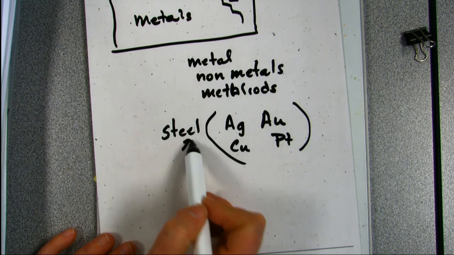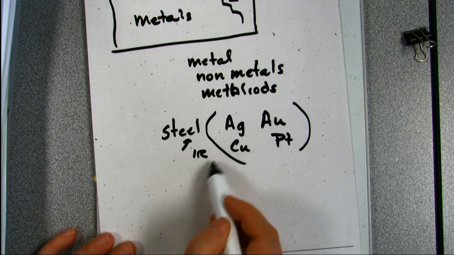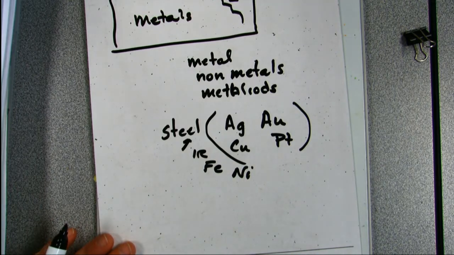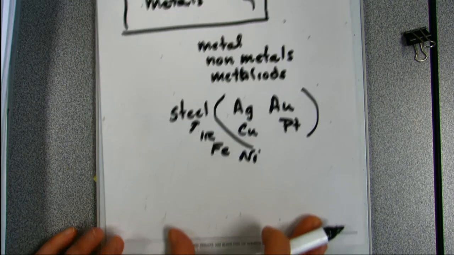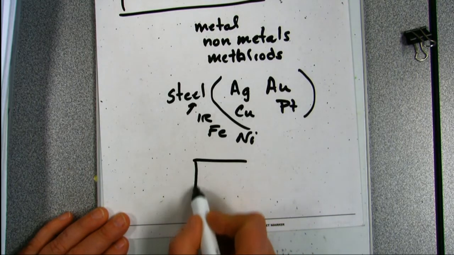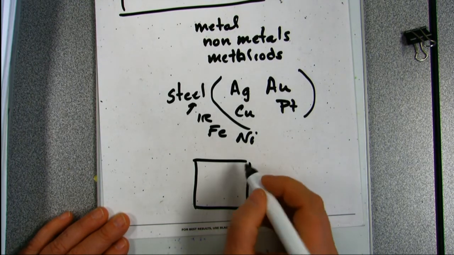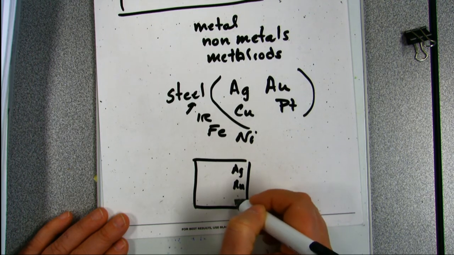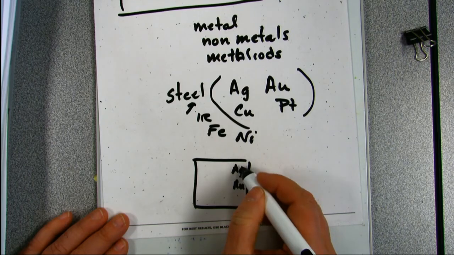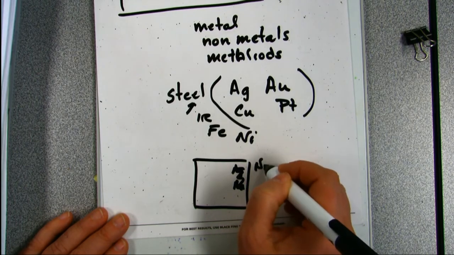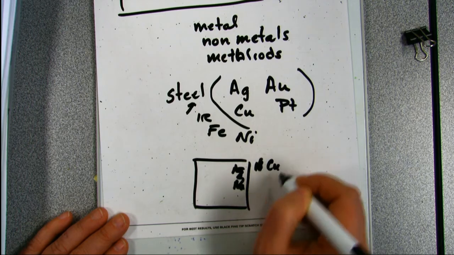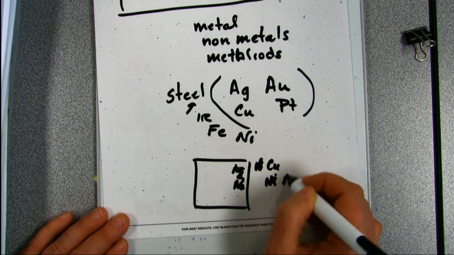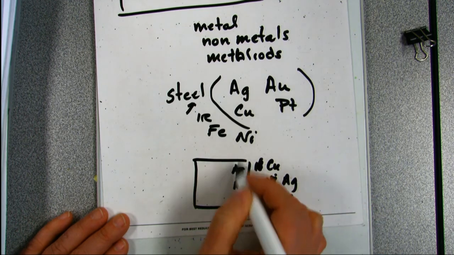Now steel has in it iron, which is Fe, and it also has nickel if I'm going with stainless steel. And if I remember my parts on my periodic table, it goes copper, Ag, Au, if I look at it in the line.